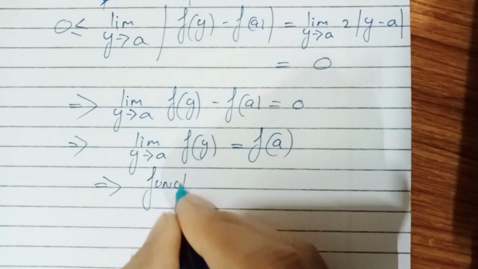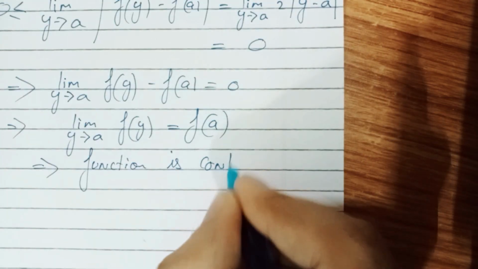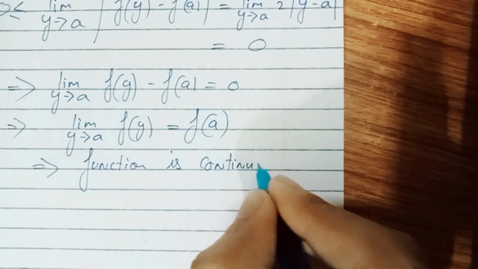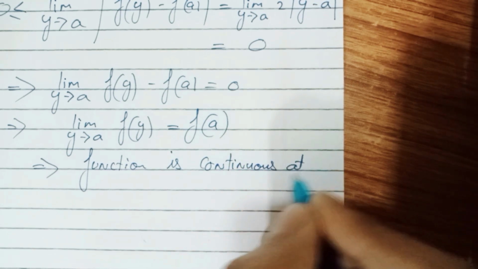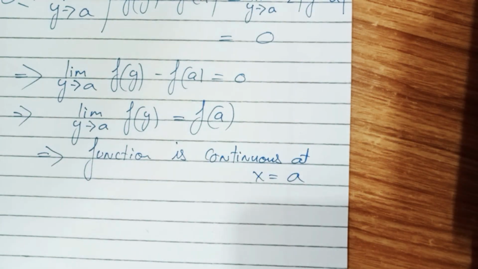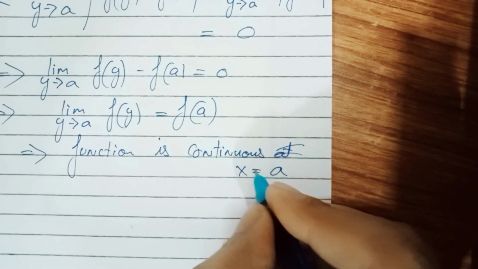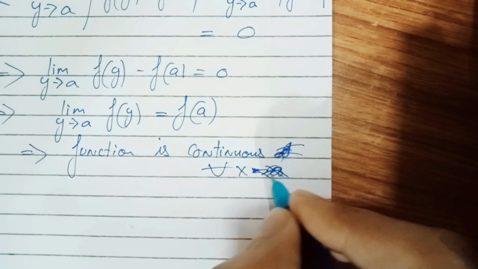The function is continuous at x equals a, and since a was arbitrary, the function is continuous throughout, for all x.